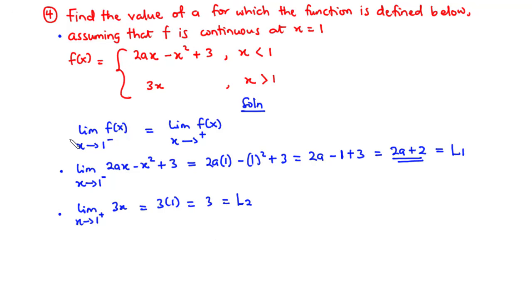Now, since the left hand limit is equal to the right hand limit, it means that we have 2a plus 2 equals 3. We transpose 2 to the right hand side. We have 2a equals 3 minus 2, and then 2a equals 1.